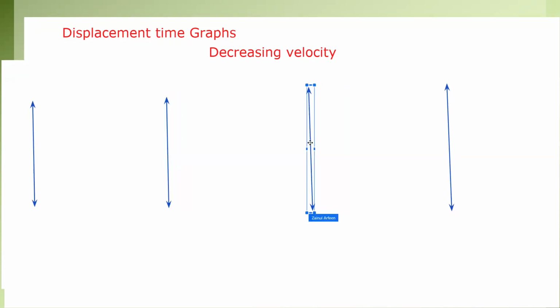Why is it important to know the value, whether it's positive or negative? Because in the exam you will have a question in which, using a displacement time graph, you have to sketch a velocity time graph. So you should understand the shapes of the graph, and according to that you can sketch the velocity time graph.